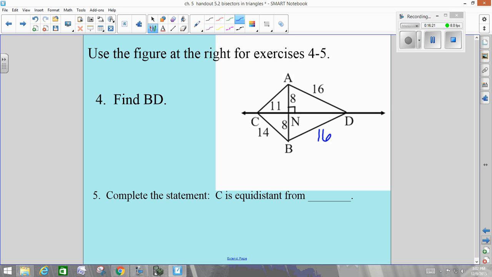Well, the angle bisector theorem says that if it's on the angle bisector, then it's equidistant. But how do you know that this is bisecting this angle? Yeah, but what does perpendicular have to do with the angle bisector?